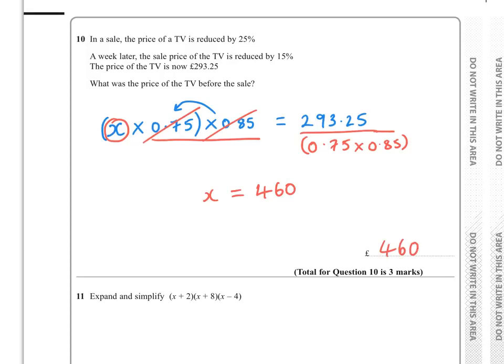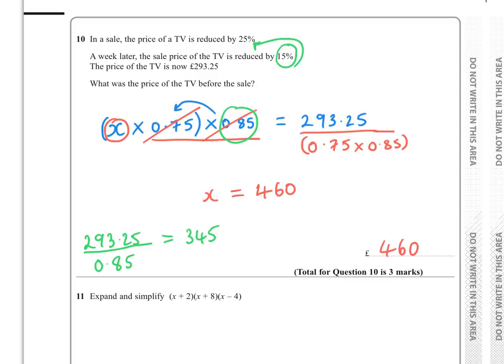An alternative would be that you could work backwards, so you could take the £293.25, divide it by 0.85. You'd have 85% of it left, so if you divide by 0.85 instead of timesing, then you're going to get, let's put that in the calculator, £293.25 divided by 0.85, well, that gives us £345, and then work up to the beginning by dividing that by 0.75.